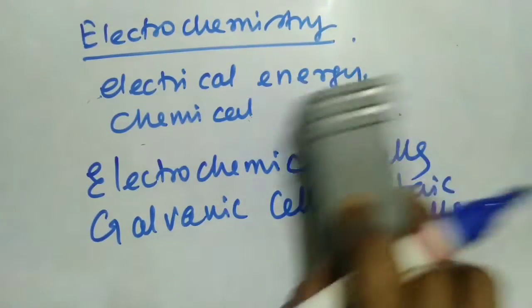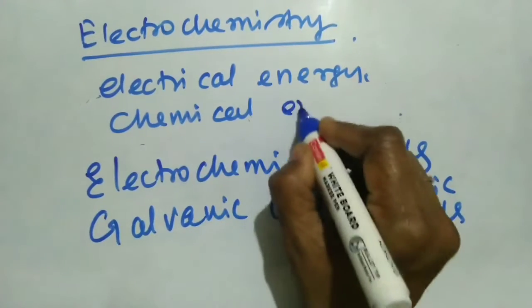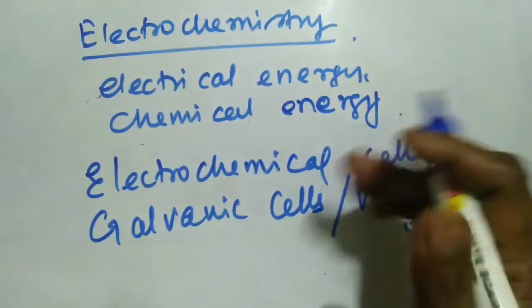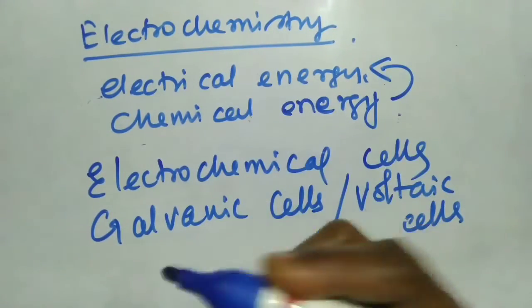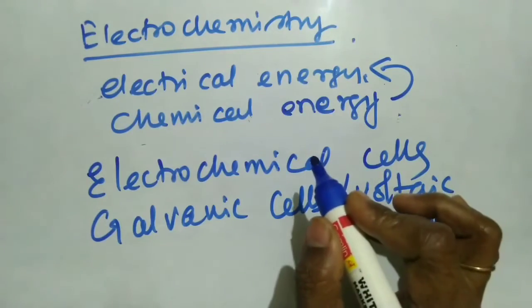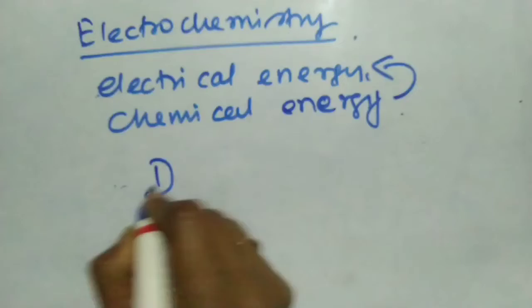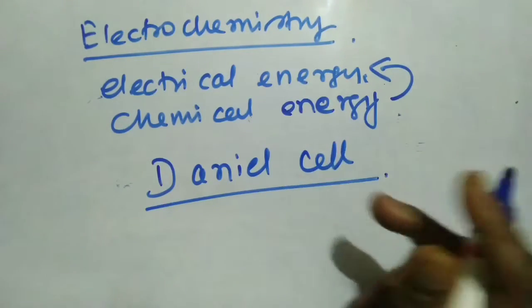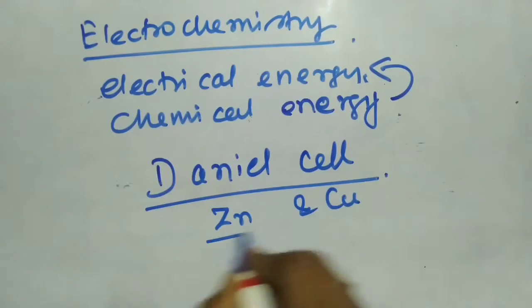We can also say that in these cells chemical energy is converted into electrical energy, and the most common example of such a galvanic cell is the Daniell cell, where two half cells, zinc and copper, are used.